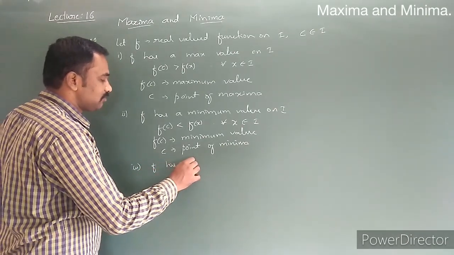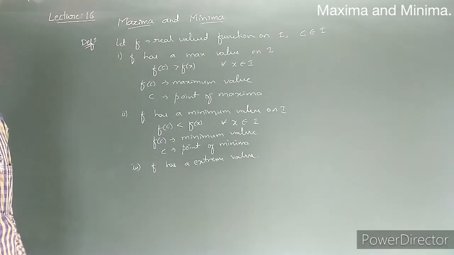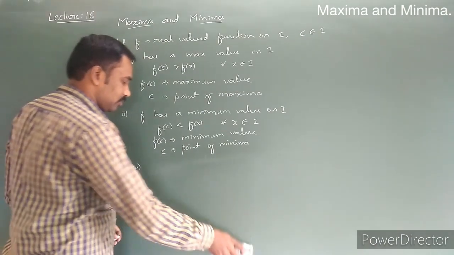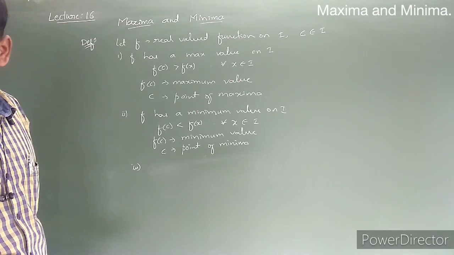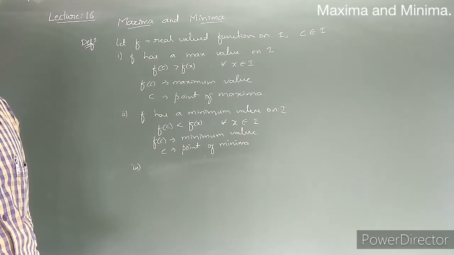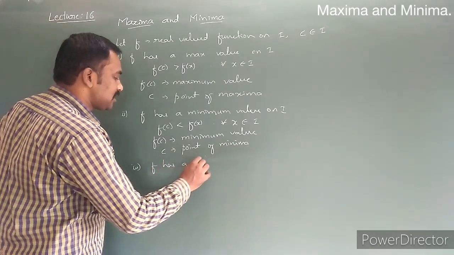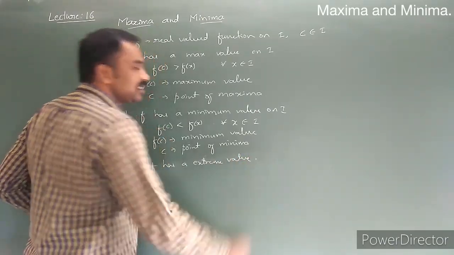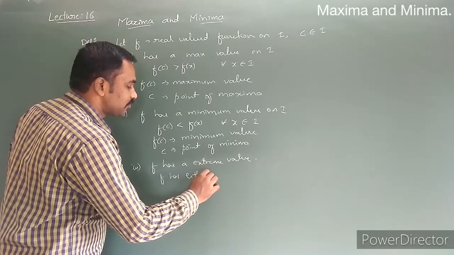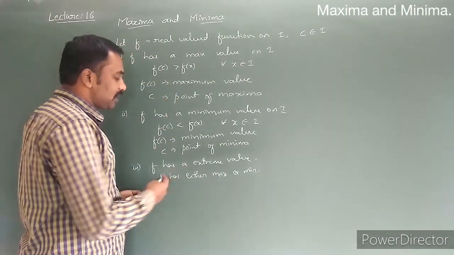Next, the third case: f has an extreme value. When f has an extreme value, there exists a point c such that f has either a maximum or a minimum value.